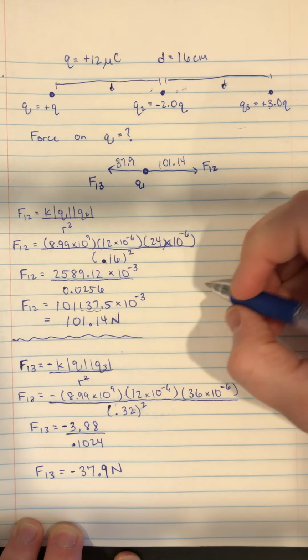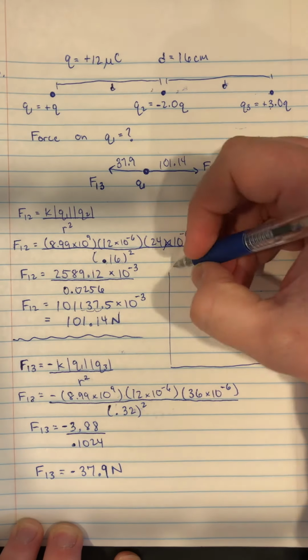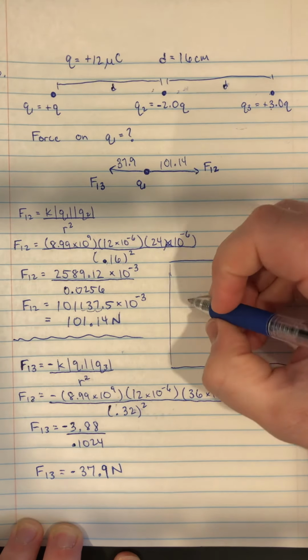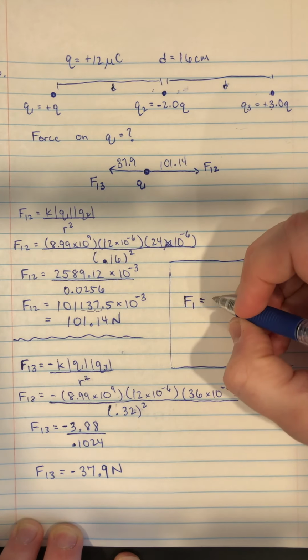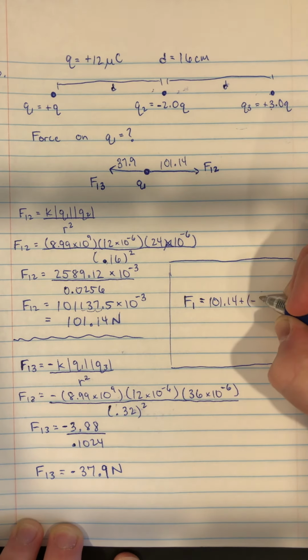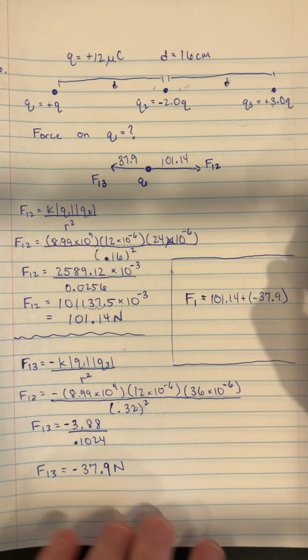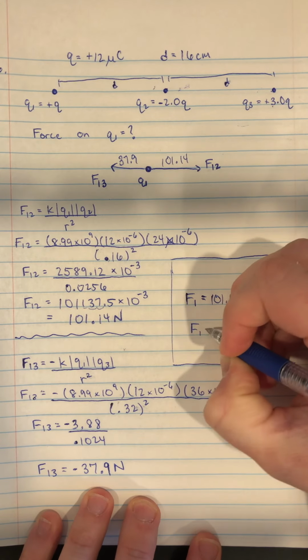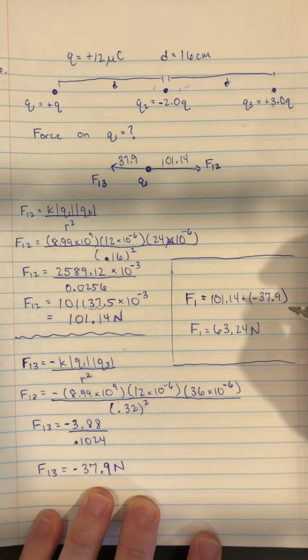So if we want to find the total, the force on charge 1 is going to be equal to 101.14 plus negative 37.9. 101.14 plus negative 37.9 is 63.24 newtons.